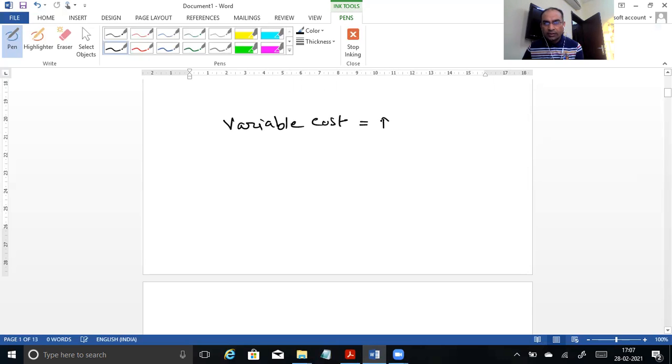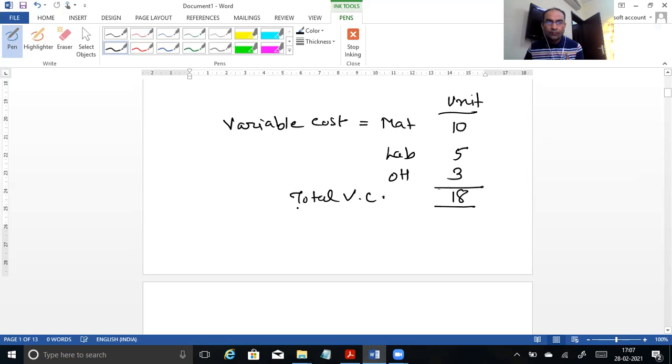This variable cost is like material, labor, and overhead, right? So for producing 1 unit, material is, for example, 10, labor is 5, and overheads are 3. So our total variable cost comes 18. So this is our total variable cost.